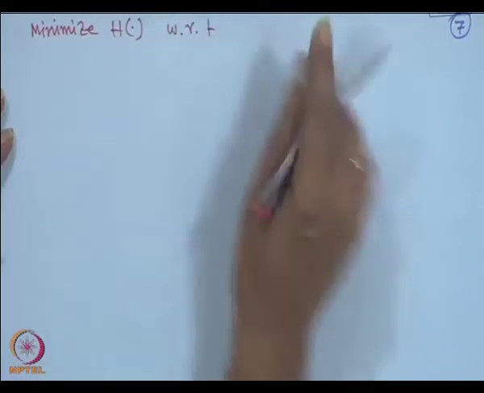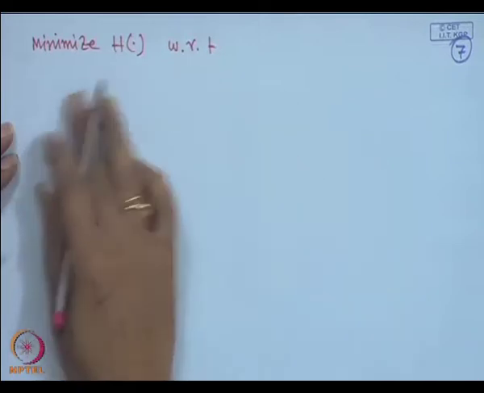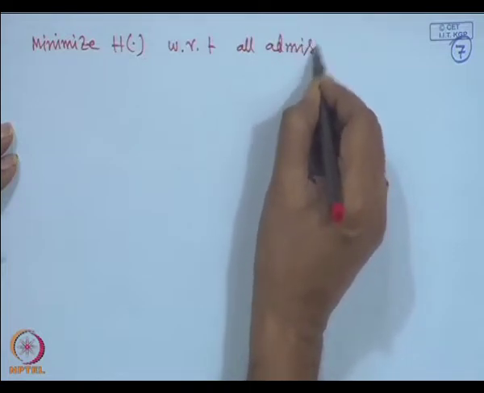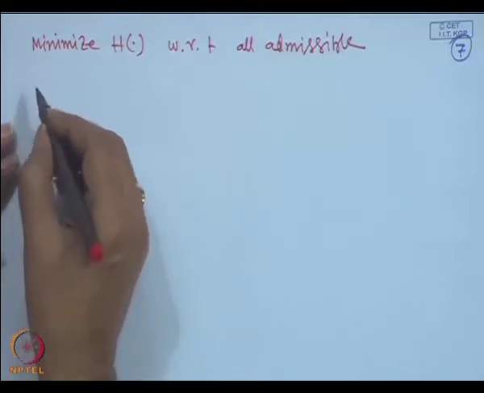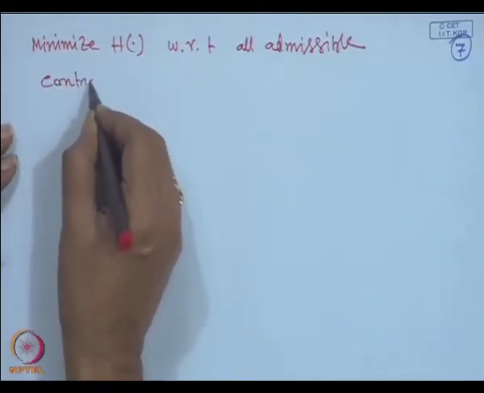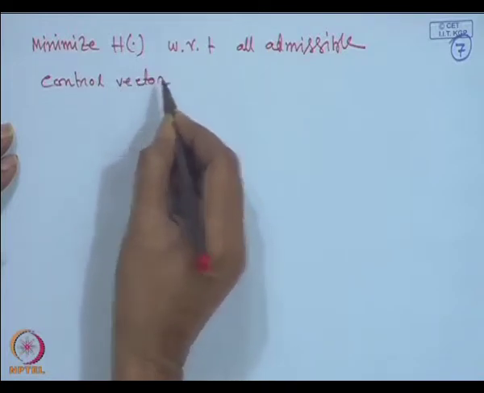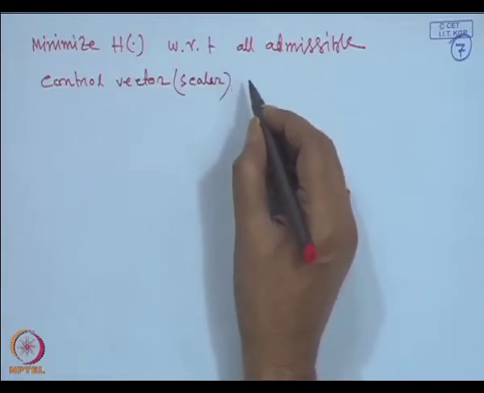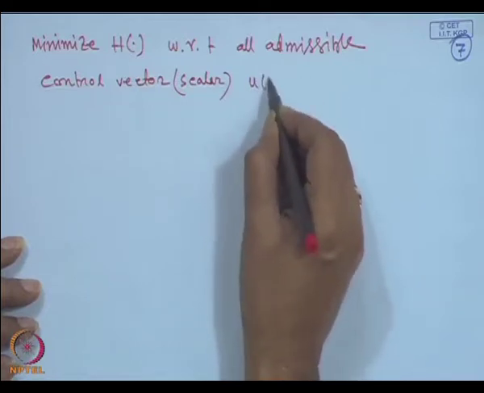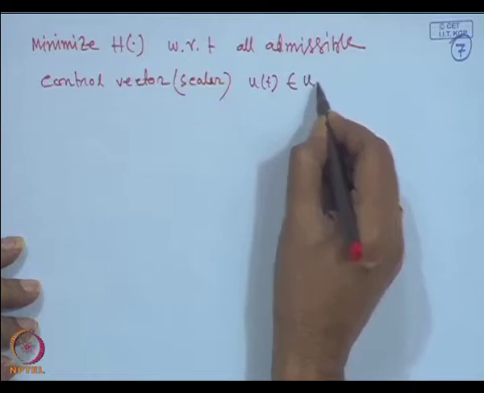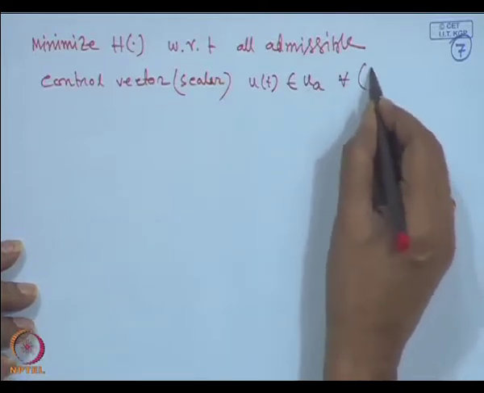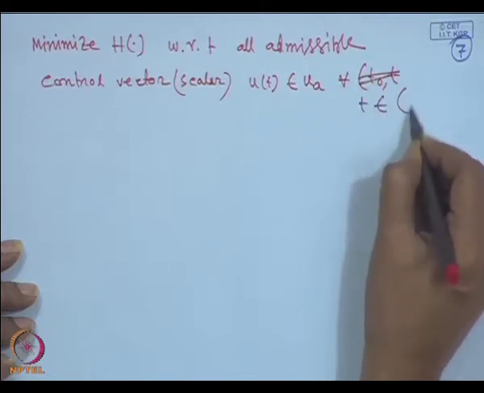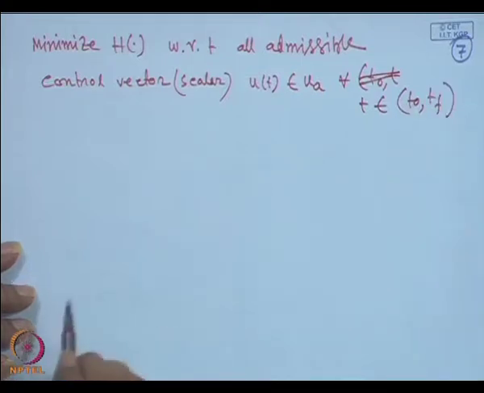Minimize this with respect to all admissible control vector, or in our case it is scalar, because single input we have considered, that u of t belongs to U for all t from 0 to t f. Agree, that is our constraint.